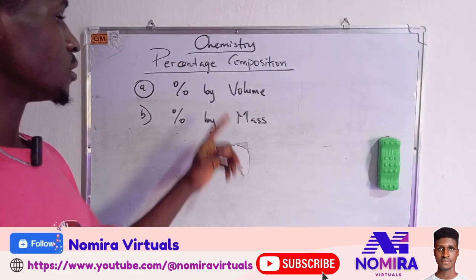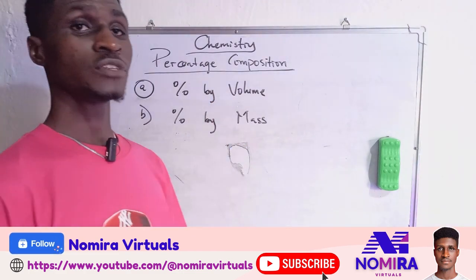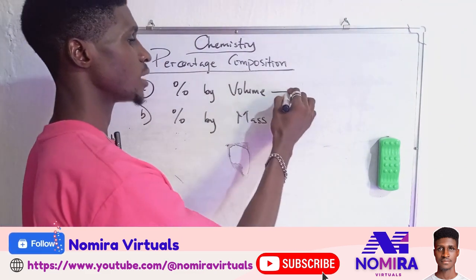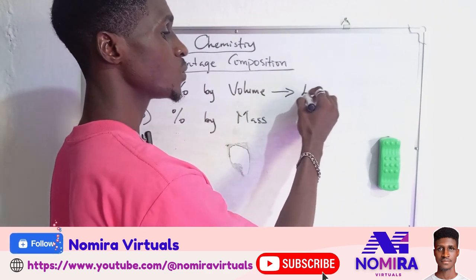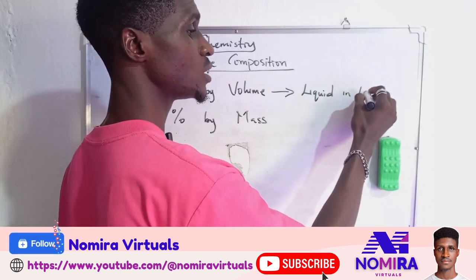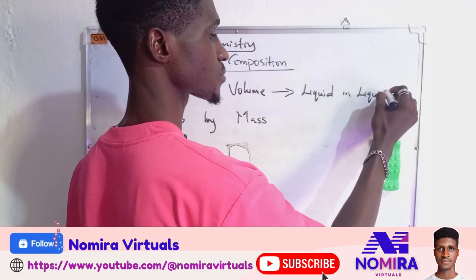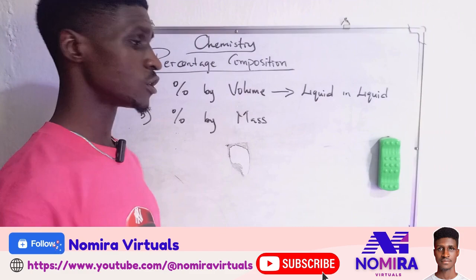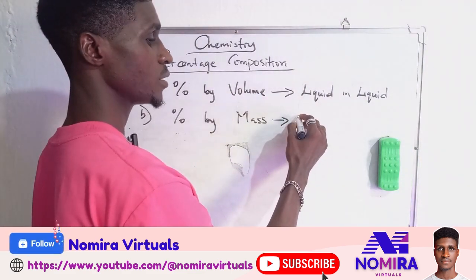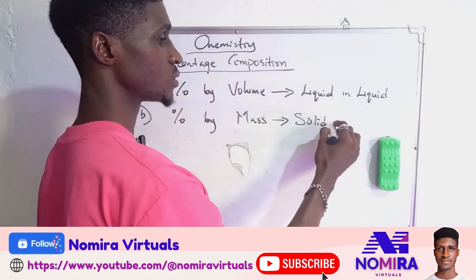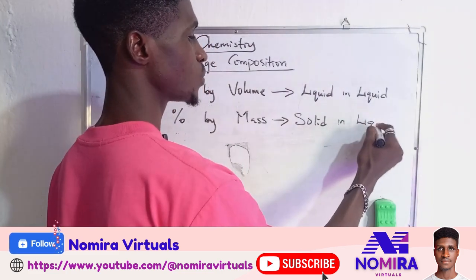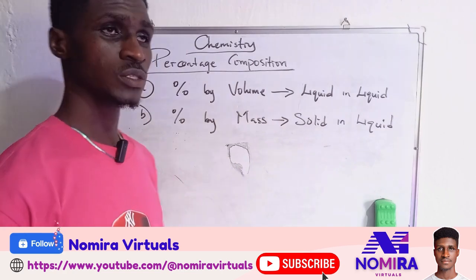Okay, these two actually have the same method of calculation, but here we are looking at when a liquid solute is dissolved in a liquid solvent to form a solution. And here we are looking at when a solid solute is dissolved in a liquid solvent to form a solution.